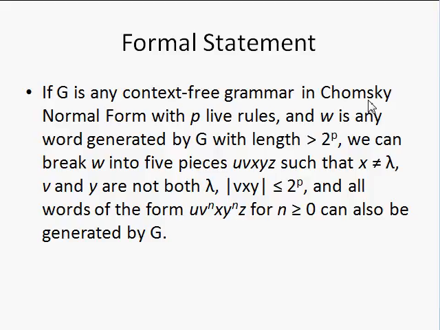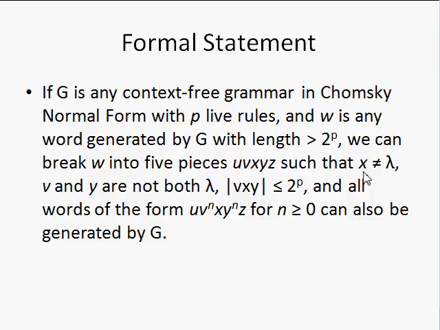If you've got that kind of grammar, and that grammar has P live rules, those are the ones with two non-terminals on the right side, and you've got a string W that this grammar can generate, and that string W has length greater than 2 to the power of the number of live rules that you have, then you will be able to take that string W, because it's long enough, and break it up into 5 pieces with these restrictions on the pieces.